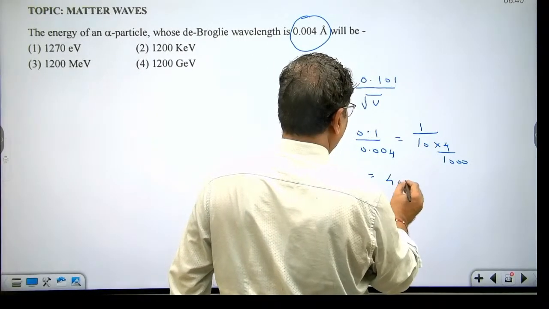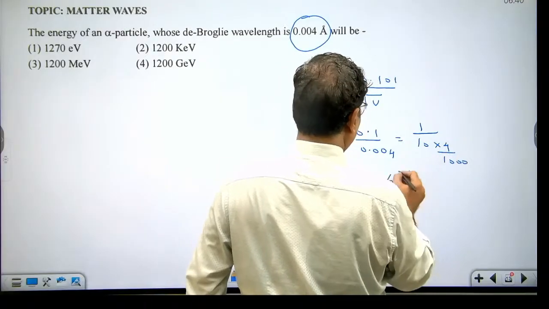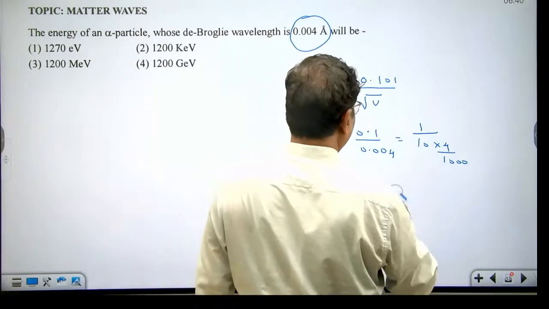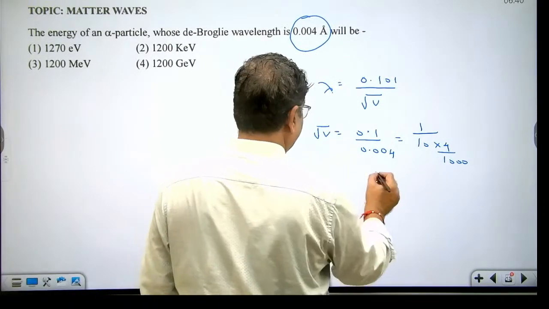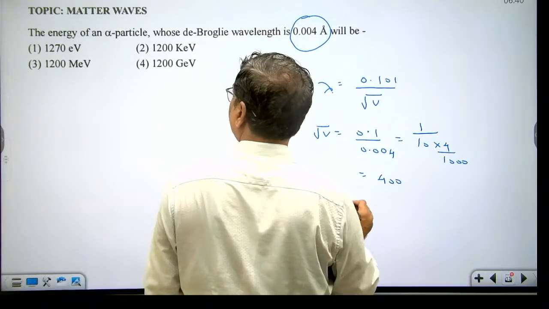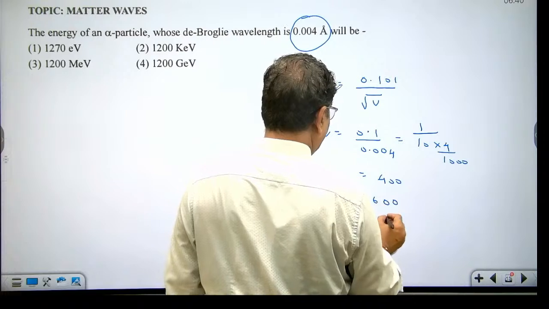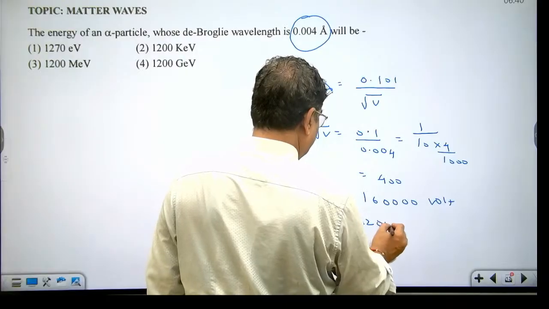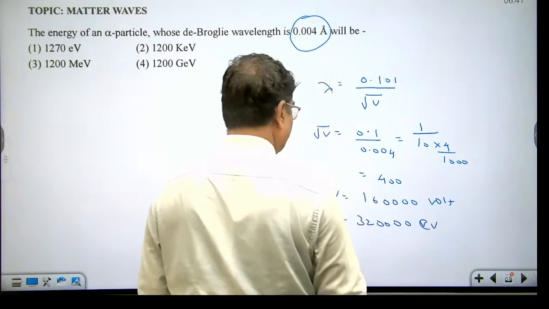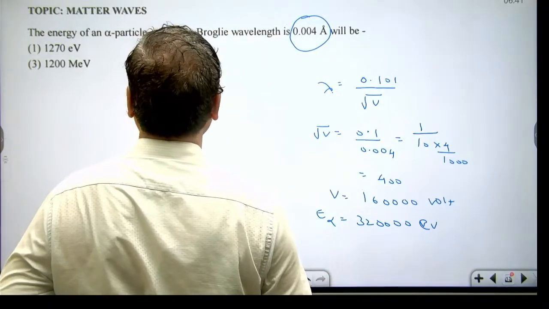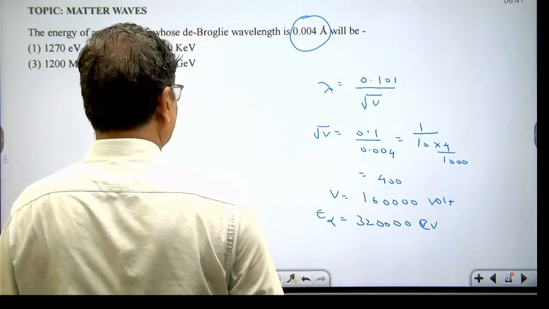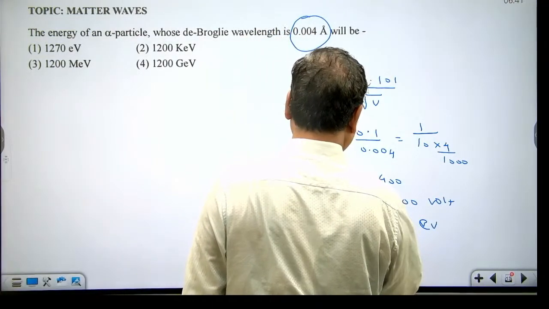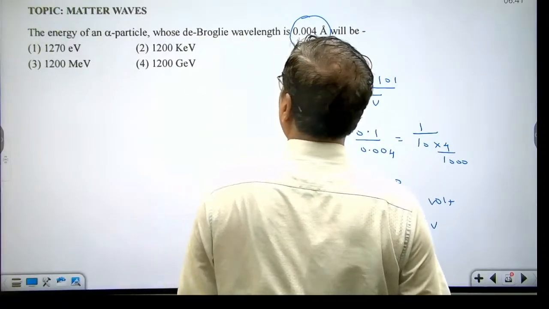So this is 400. V is 1600 volt. So energy of alpha will be equal to twice 320000 electron volt. But the answer is not matching.